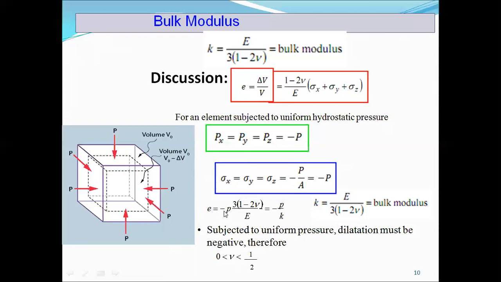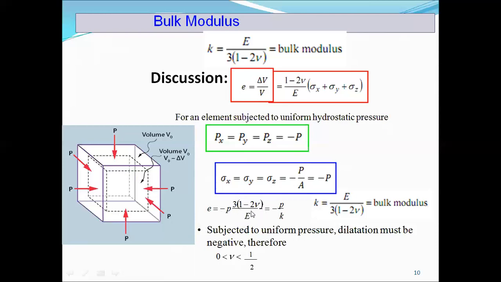If E is always negative, that means this quantity, 3 times (1 minus 2 mu) by E, must always be positive. Otherwise, if it becomes negative, then dilatation becomes positive, which is not feasible, which is not real.